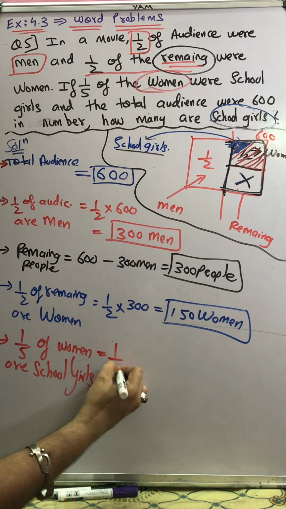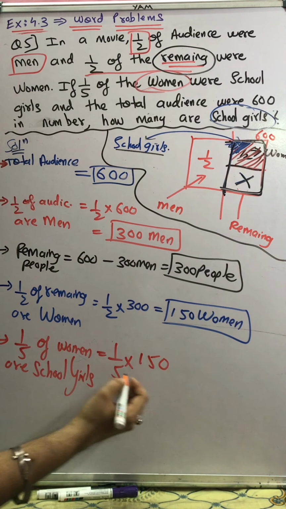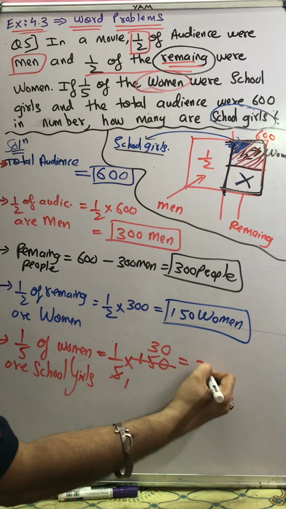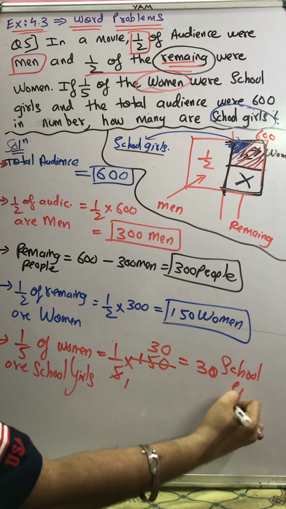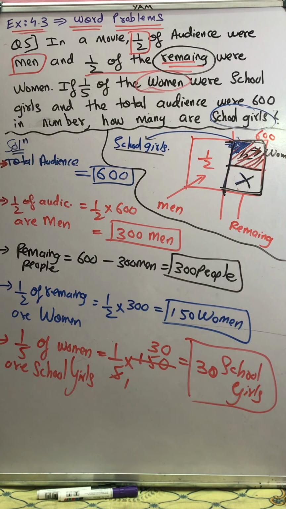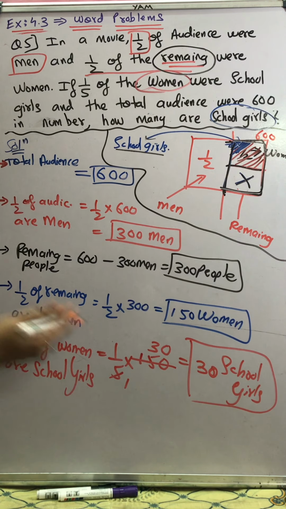That means 1/5 will be multiplied with the population of women, which is 150. 5 ones are 5, 5 threes are 15, 5 zeros are 0. So we got the answer as 30 schoolgirls. Out of 150 women, we have 30 schoolgirls, and this is the answer. How many schoolgirls are there?